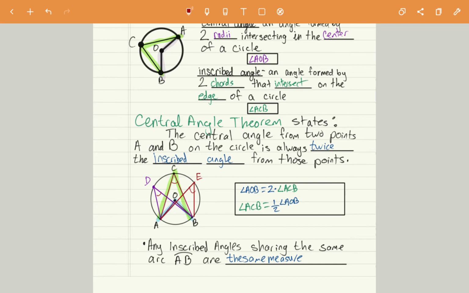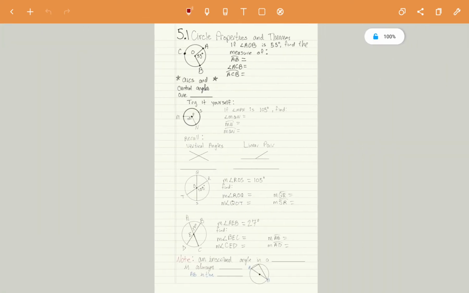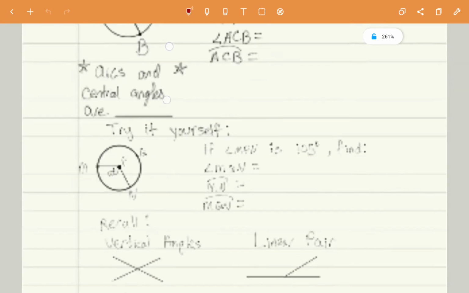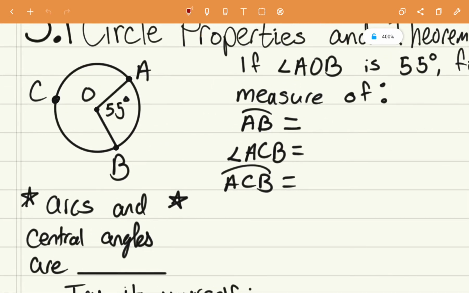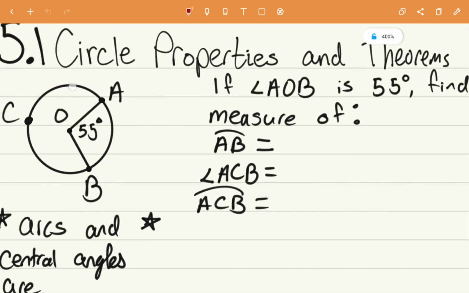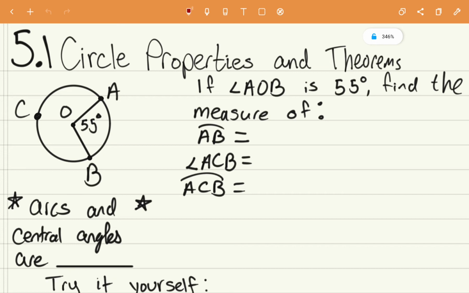So now that we've looked at the central angle theorem, let's take a look at some examples. So another note is that arcs and central angles are the same measure. So if one is 55 degrees, the other is going to be 55 degrees.